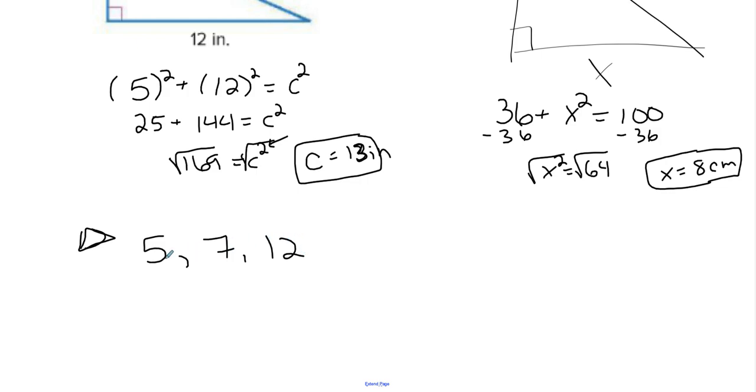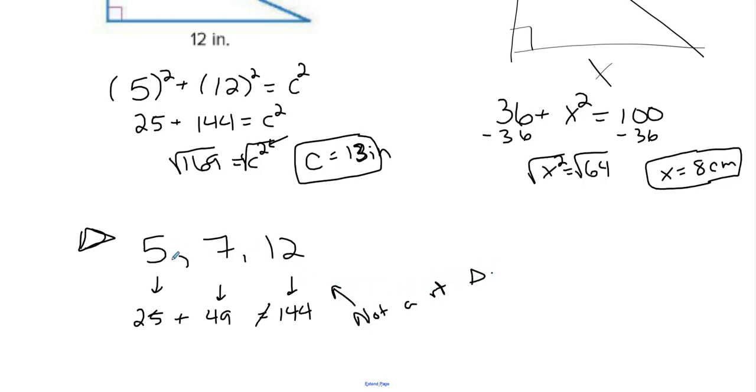So we're going to use the Pythagorean theorem to see if these all check out. So this would be 25, this is 49, this is 144, and plug those into the Pythagorean theorem. Does 25 plus 49 equal 144? No, it does not equal that, so this is not a right triangle.